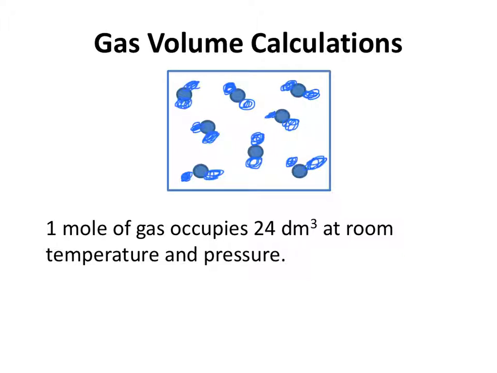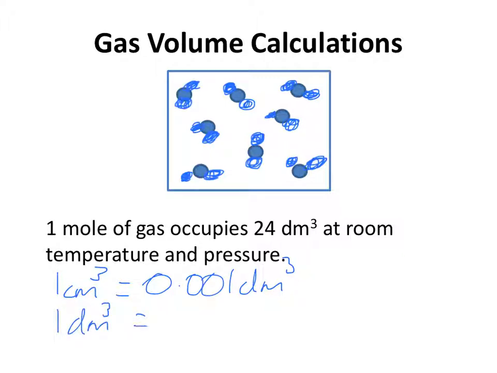You also need to know how to convert between decimeters cubed and centimeters cubed, which I hope you already know. So 1 centimeter cubed is 1,000th of a decimeter cubed. In other words, 1 decimeter cubed is 1,000 centimeters cubed. When I'm teaching, I ask students to think of a centimeter cubed as a milliliter and a decimeter cubed as a litre.